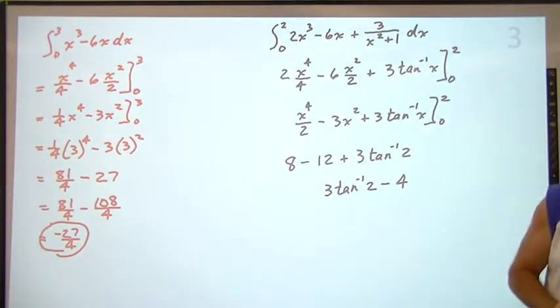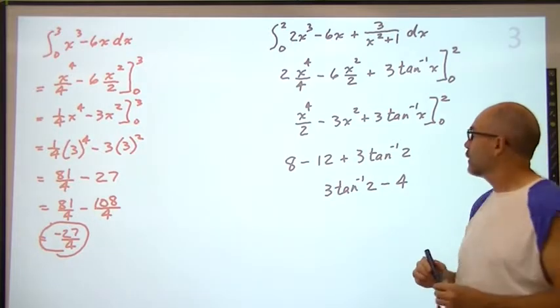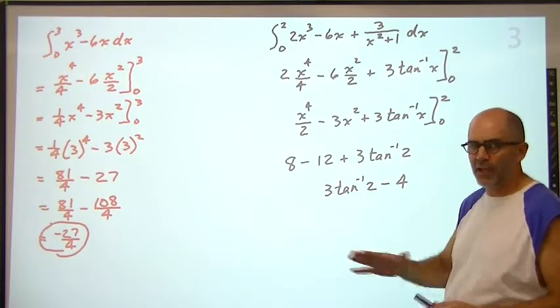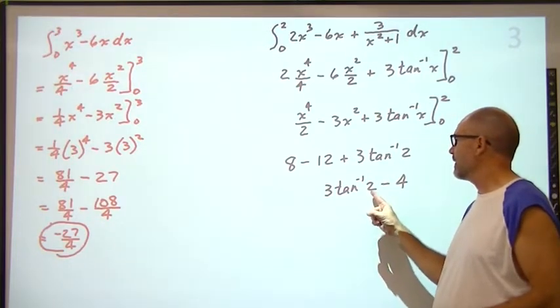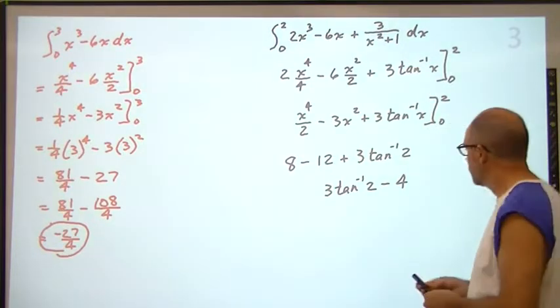Now, if you were to plug that in a calculator, you would use radians always. Degrees are gone. So this would be in terms of radians. Okay, cruising onward.